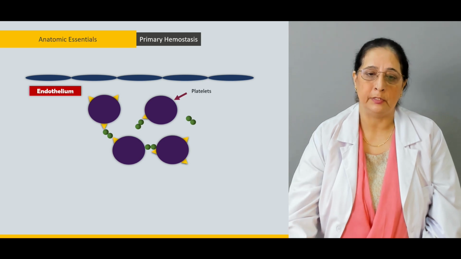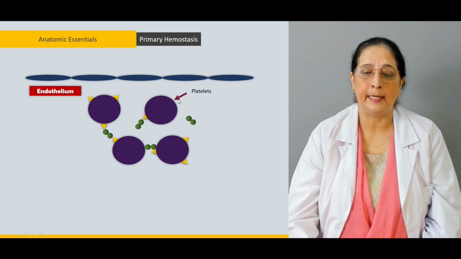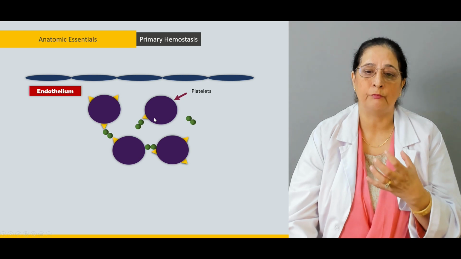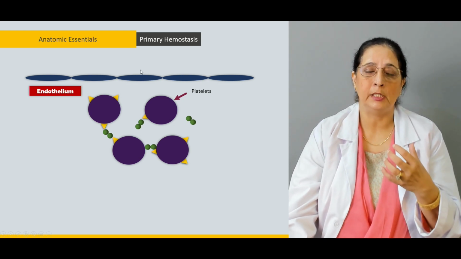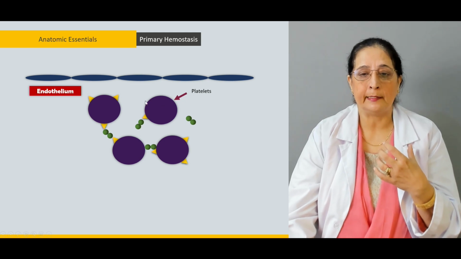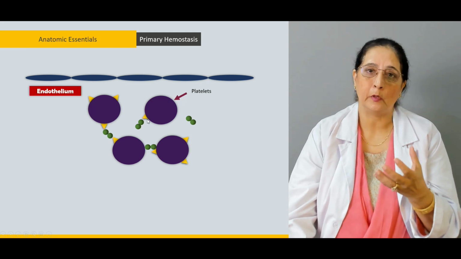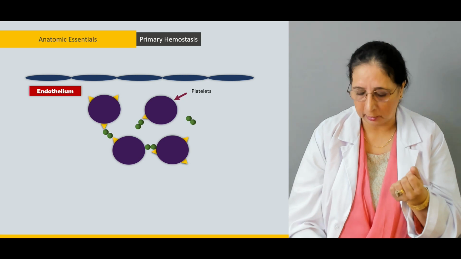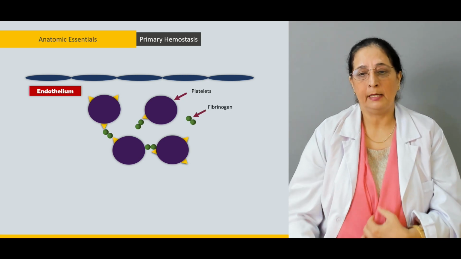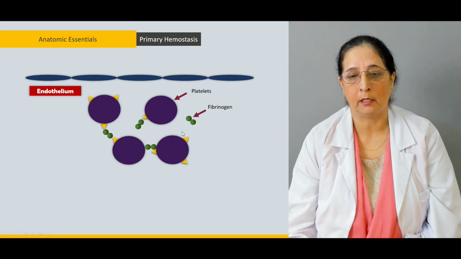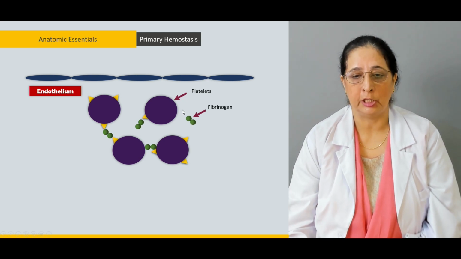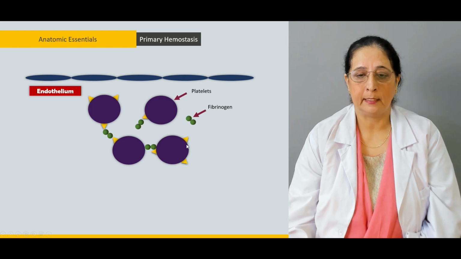Next, what happens? You see, these are the platelets present in the blood vessel. After the damage to the vascular endothelium, these platelets, which are the cells responsible for blood clotting, then we have these fibrinogens. So these are fibrinogens. These are the platelets.